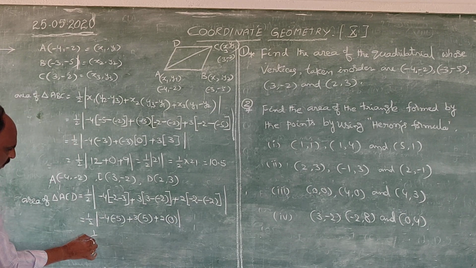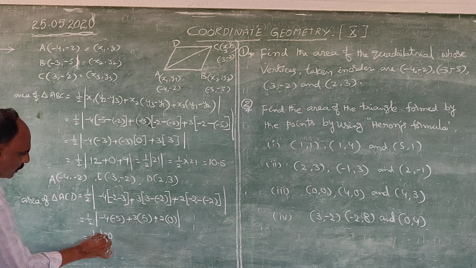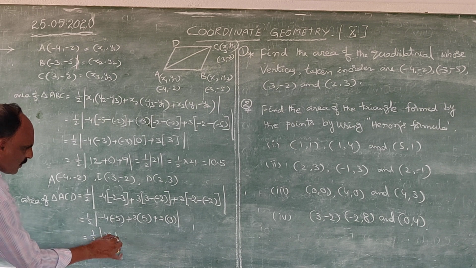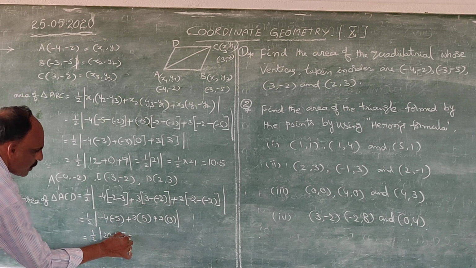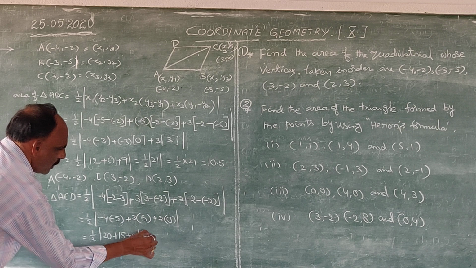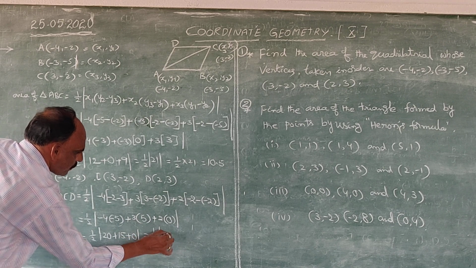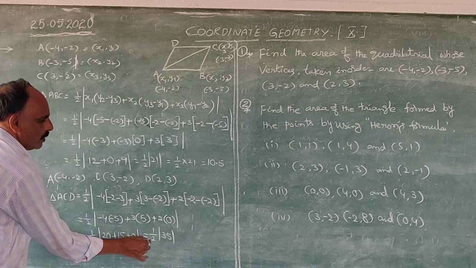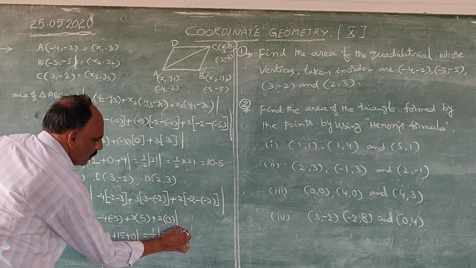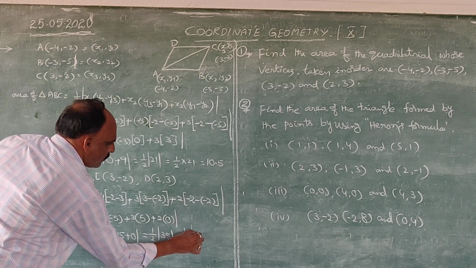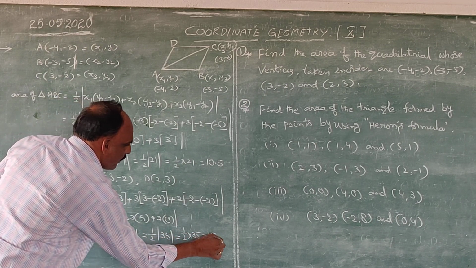Then half modulus of 20 plus 15 plus 0, that is half modulus 35. Then removing the modulus, half into 35 is equal to 17.5.